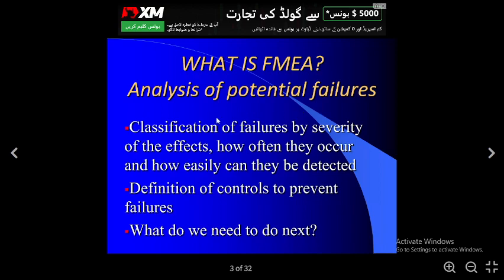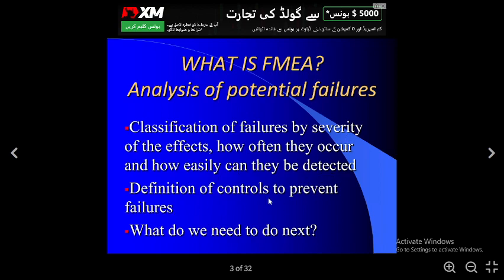So classification of failures by severity of the effects, how often they occur, and how easily they can be detected. This is very important because whenever a failure is there, it is graded by a factor of severity, whether the severity is low or very high, whether there is a lot of human lives being lost, and how easily they can be detected.